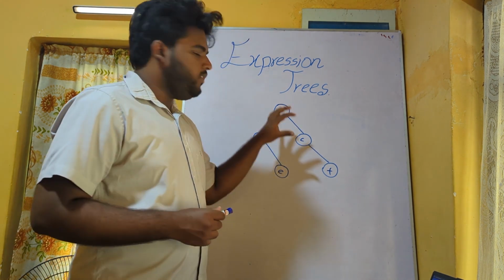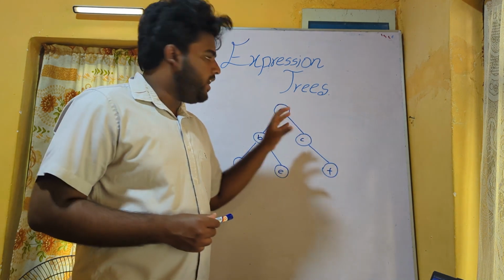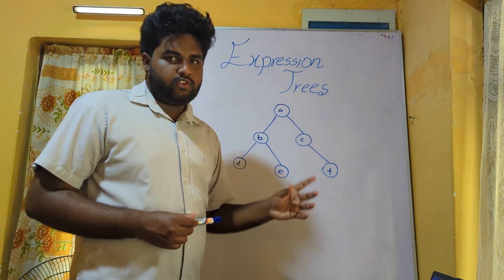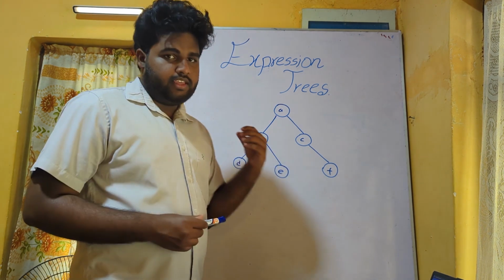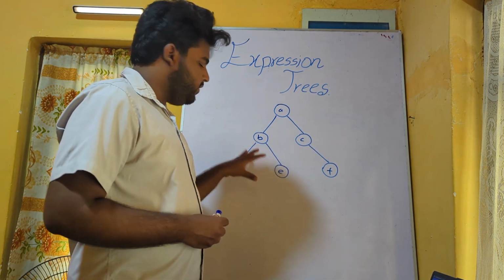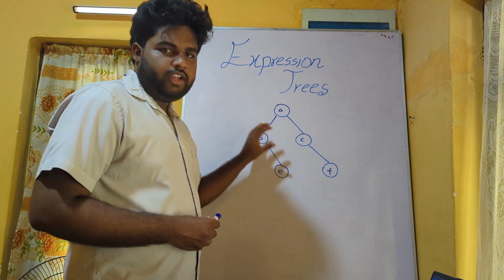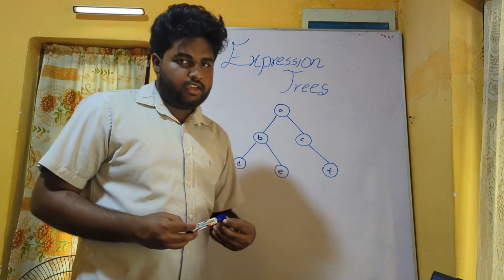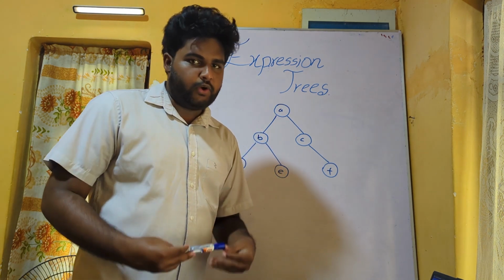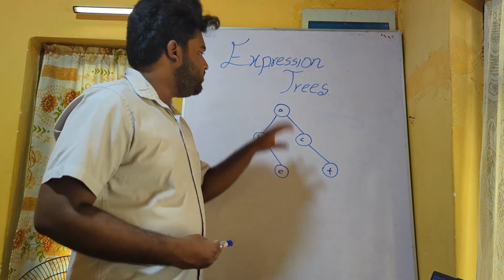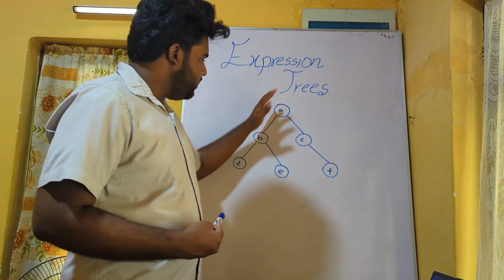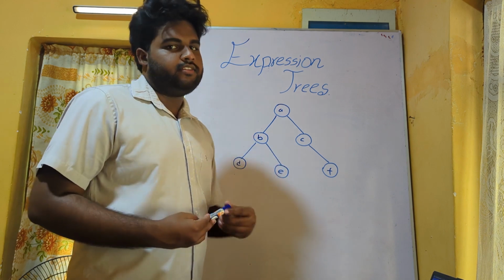In order to access the elements in a tree, there are actually three ways. The first one is in-order, where we start from the left node, go to the root and then right. The next method is pre-order, where we start from the root and then go to the left side and then the right side.